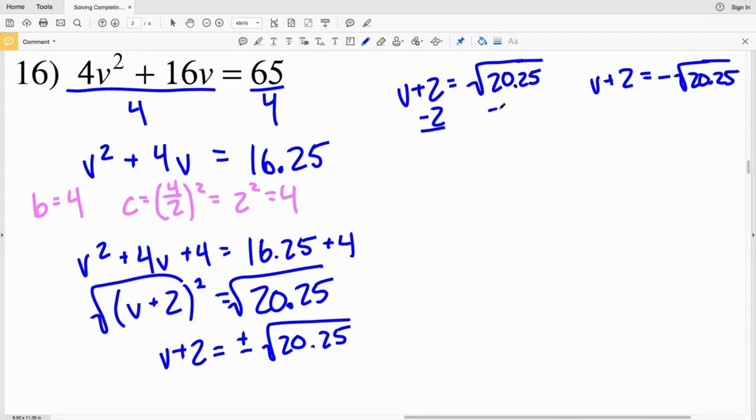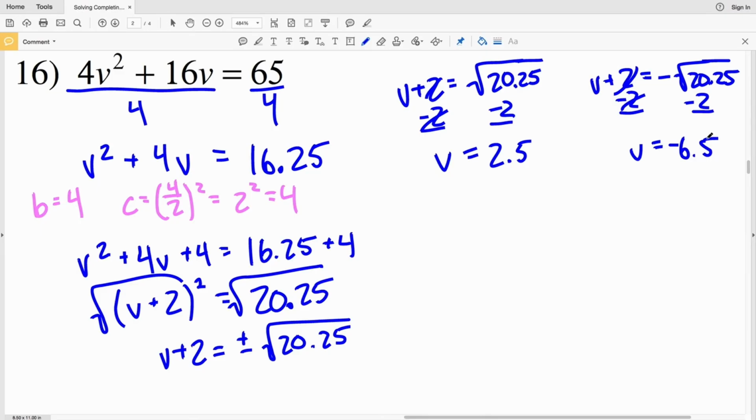So subtracting 2 from both sides in each of those equations, I'll solve for v. In my first equation, the square root of 20.25, subtracting 2 from that, I'll get a positive 2.5. And in my second equation, when I subtract 2, if I'm taking it away from a negative square root of 20.25, I'll get negative 6.5.